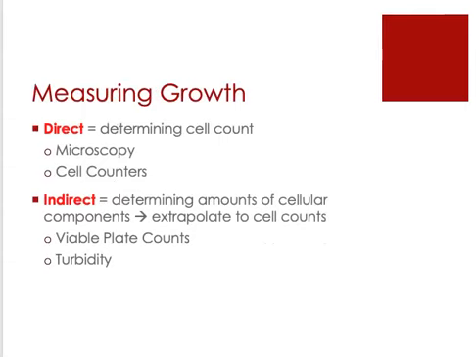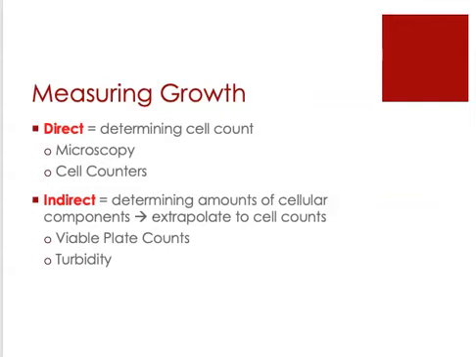When we want to count the number of cells in a particular sample in the microbiology lab, we can do it one of two general ways. We can do what's called a direct count, and we can do an indirect count. A direct count, like the name suggests, is where we literally take a portion of a sample, put it onto some kind of a microscope slide, and count the cells.